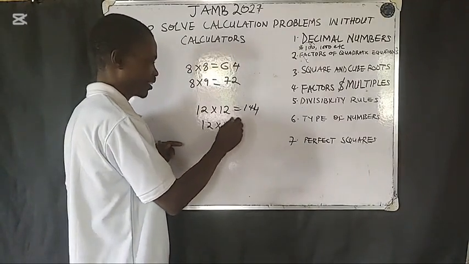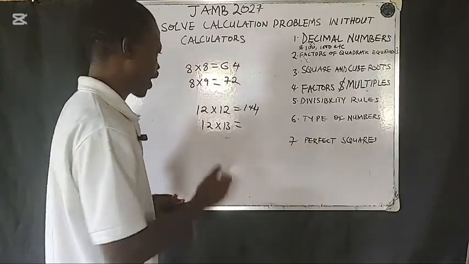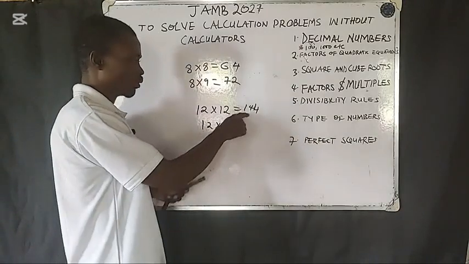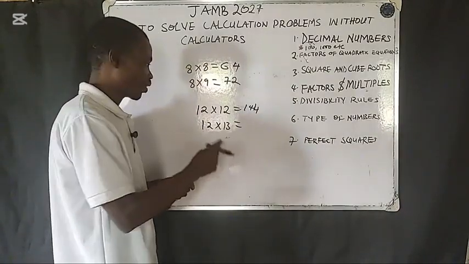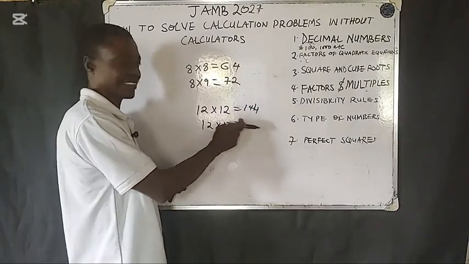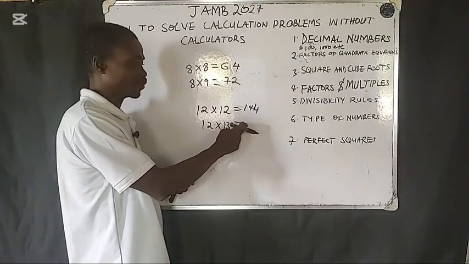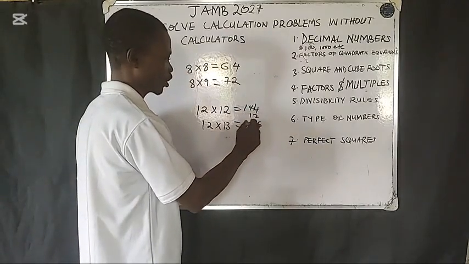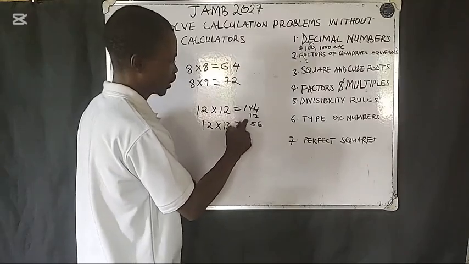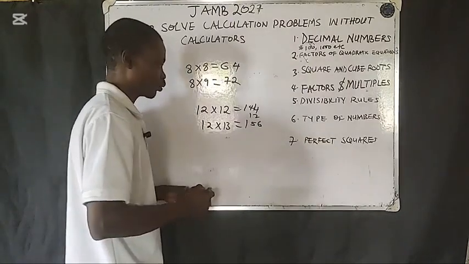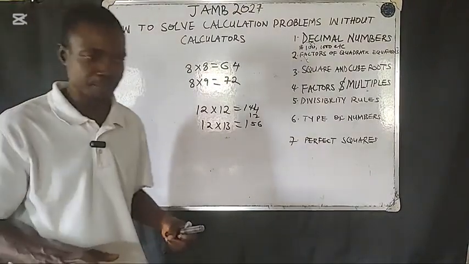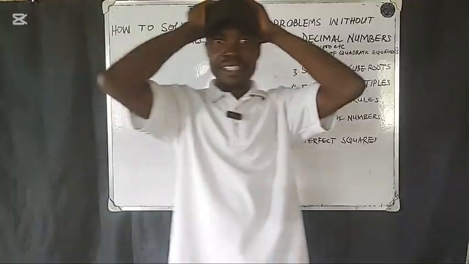I know that 12 times 12 is 144. I will simply add 12 to 144 and it will give me 12 times 13. So 144 plus 12 gives 156. Is that okay?